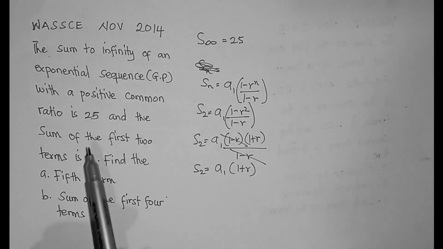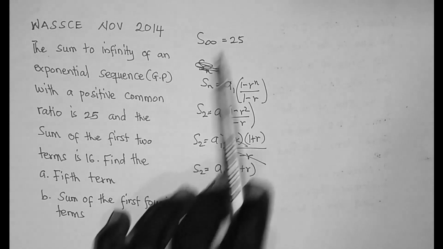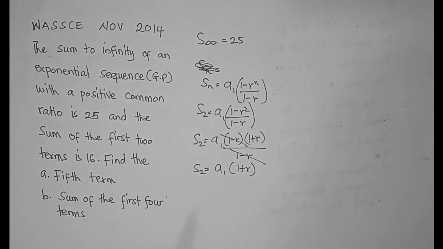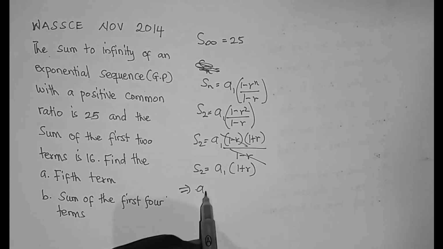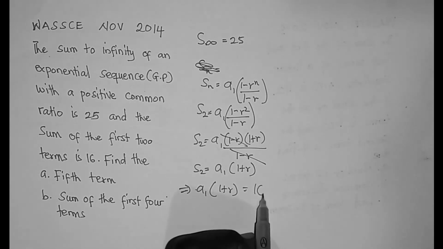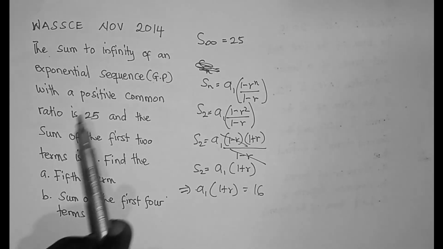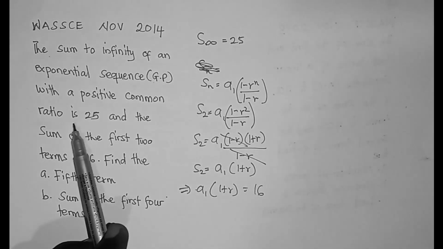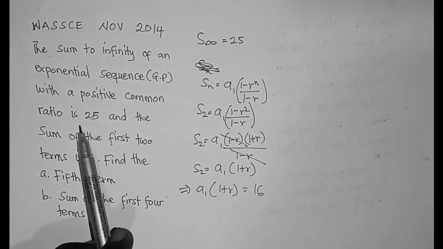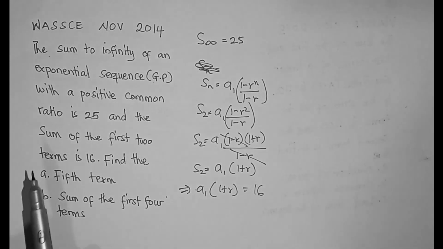So now let's also find the sum to infinity. The question says that the sum of the first two terms is 16. This implies that a1 times 1 plus r is equal to 16. Then the question says that the sum to infinity of the geometric sequence with a positive common ratio is 25.